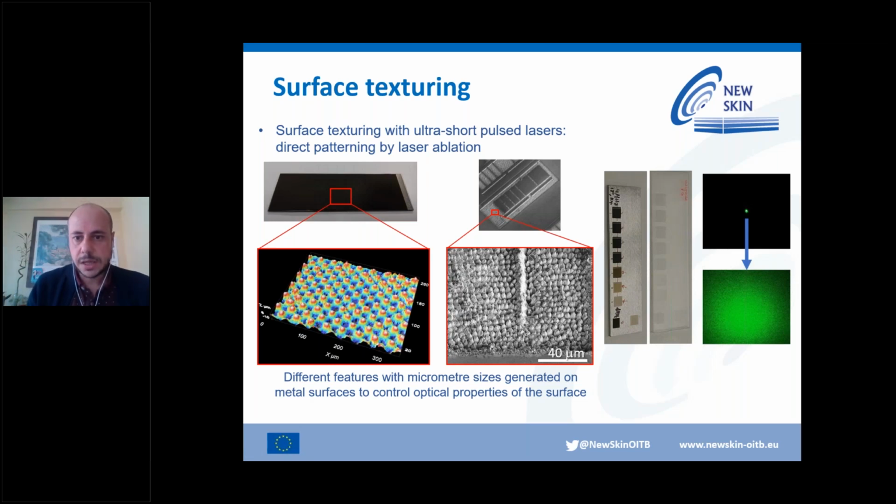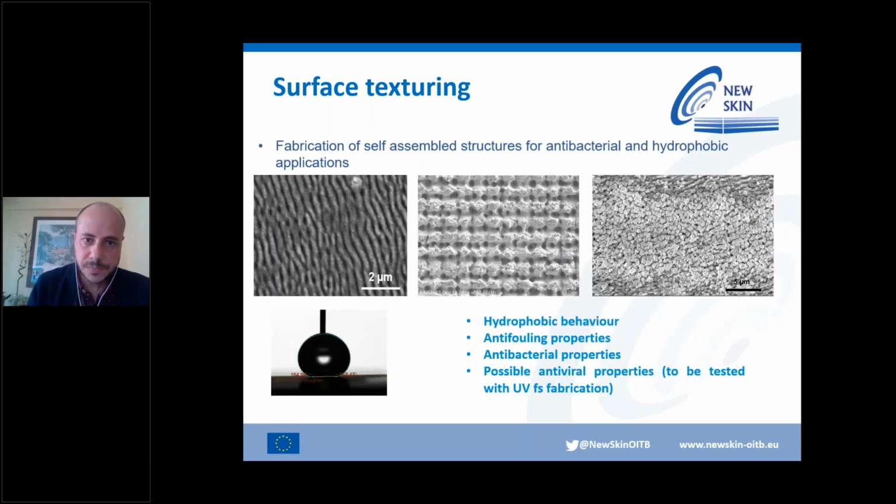But by texturing the surface, we can change the reflectivity of the sample, making it a diffuser of the reflected light. We can do this on a number of different substrates or materials. So this is something which is in our background, and we could apply it to a number of different materials.